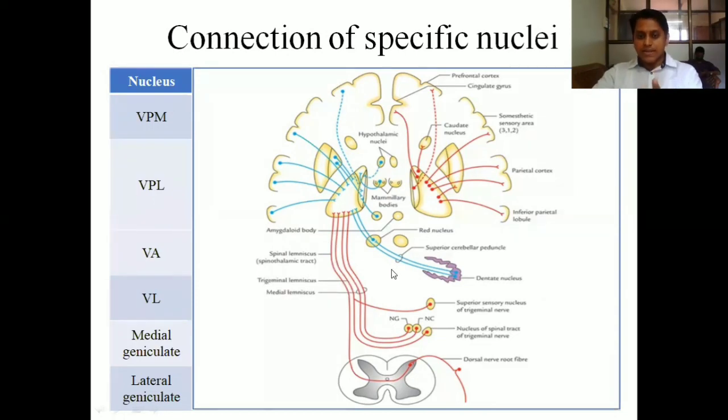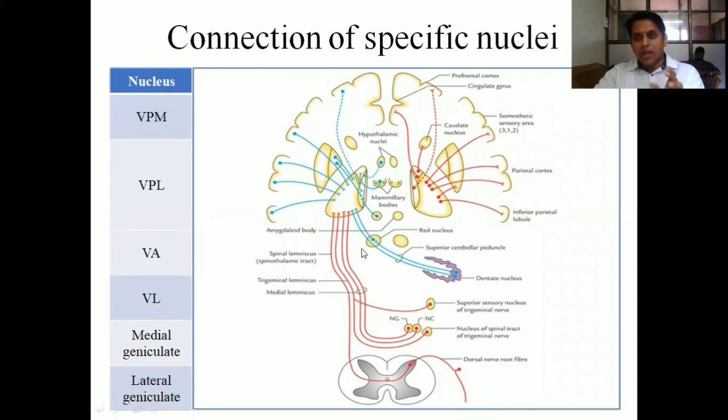Now we have studied three lemnisci: the spinal lemniscus and medial lemniscus, which carry exteroceptive and proprioceptive fibers of the entire body except head and face, and the trigeminal lemniscus, which carries pain, touch and temperature. They relay in a particular area of the thalamus.